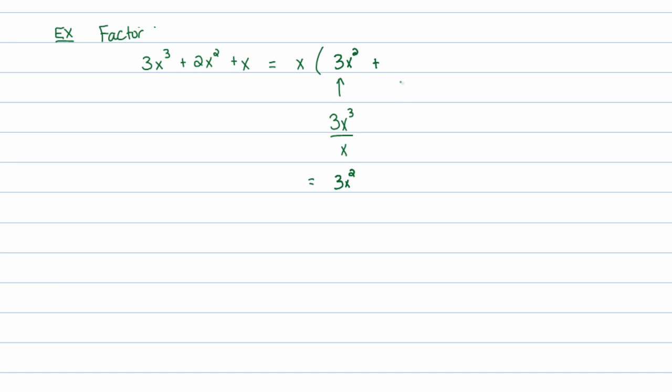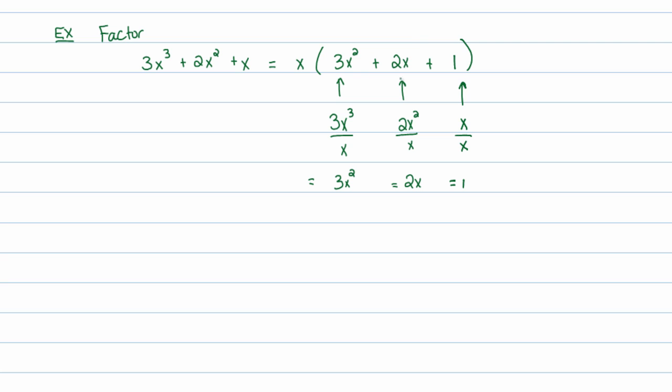Plus, what was in this place was a 2x squared, but we're factoring out an x, so that's going to equal just a 2x. And finally, plus, in this last spot we had an x, and we're factoring off an x. Factoring off an x is the same thing as dividing out an x. Well, x over x is equal to 1, so this is plus 1.